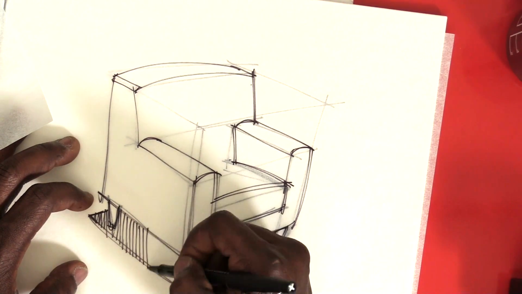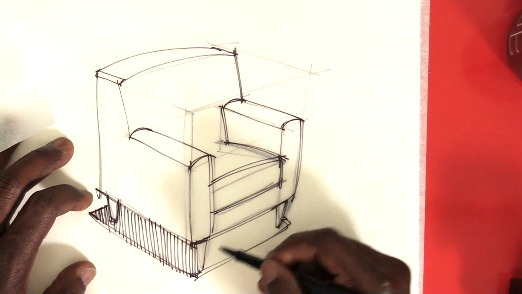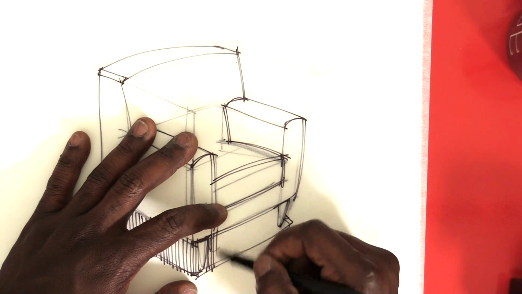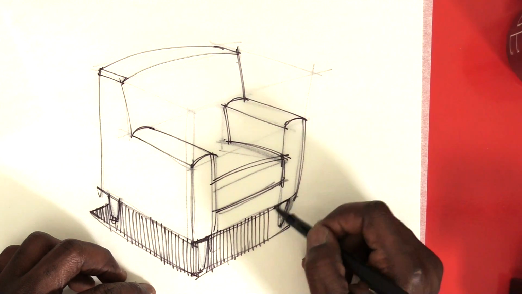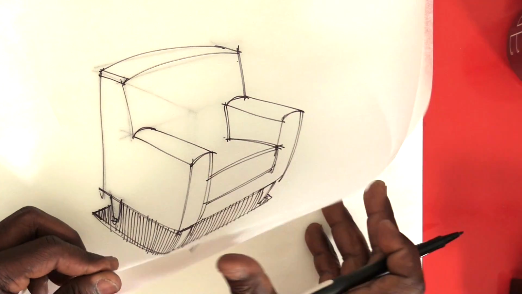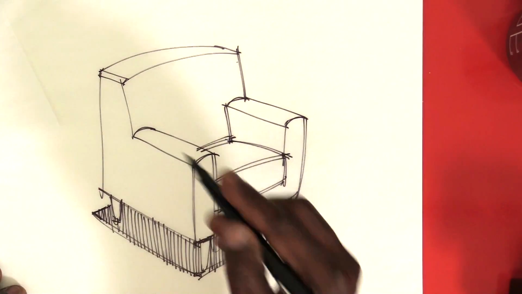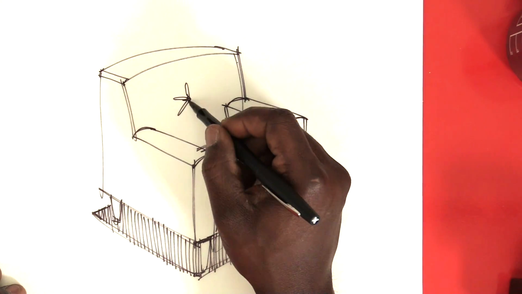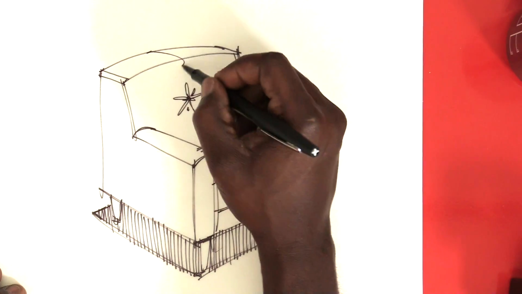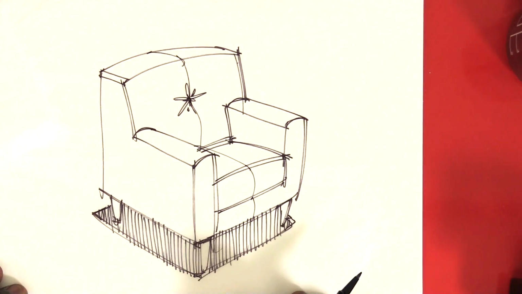We'll talk about hatching and shadows another time, but for now, here's my quickly formed, divided, and beautified sketch of some sort of seating.